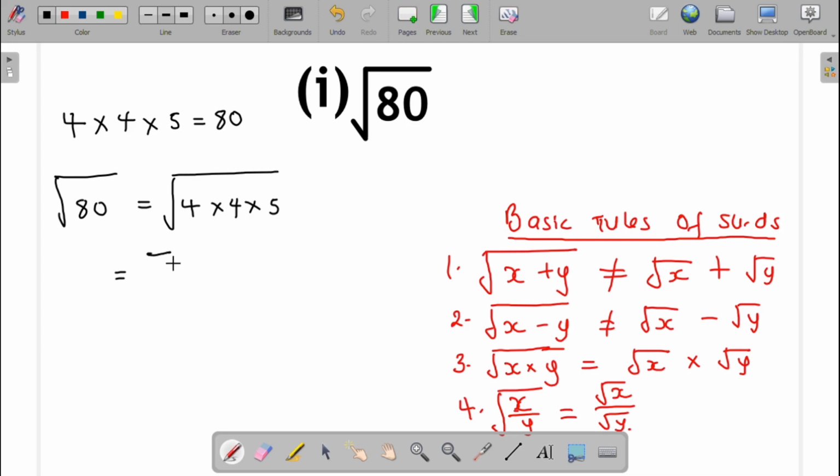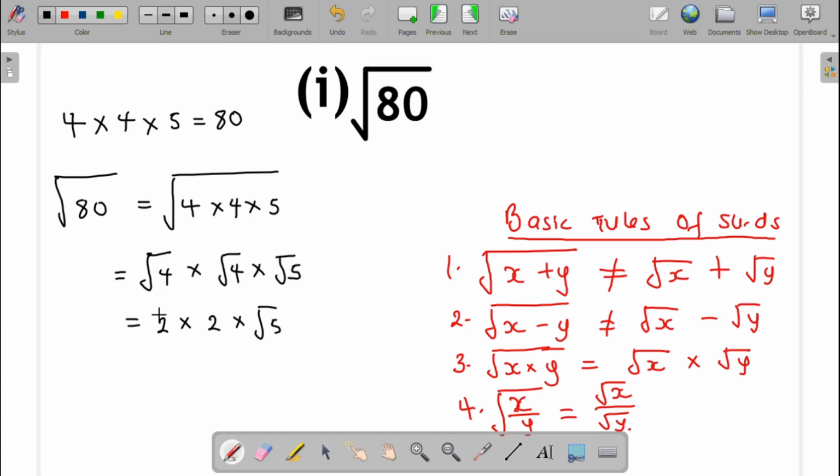This will be equal to root 4 times root 4 times root 5, following the third rule of surds. Now root 4 is equal to 2, times root 4 is equal to 2, times root 5.